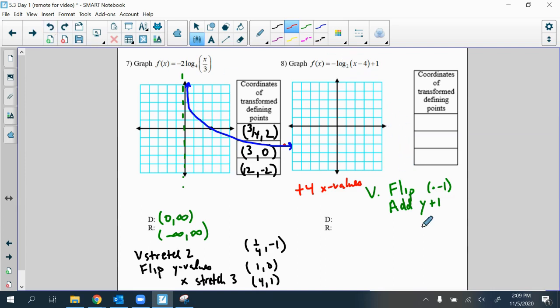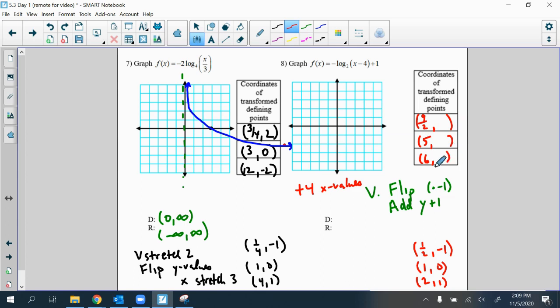So my original points for log base 2 are (1/2, -1), (1, 0), and (2, 1). So I'm just going to add 4 to all the x values. So 1/2 plus 4 is 4.5, or 9/2. 1 plus 4 is 5. 2 plus 4 is 6.